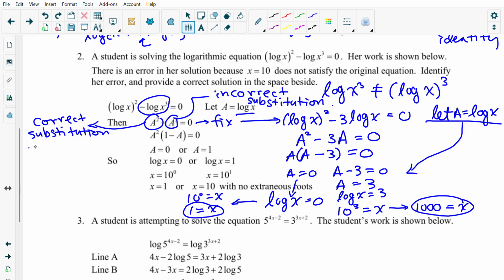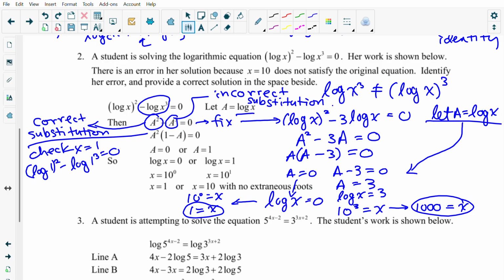Okay, so if I check x equals 1,000, so let's check x equals 1. So that's log of 1 squared minus log of 1 cubed equals 0.